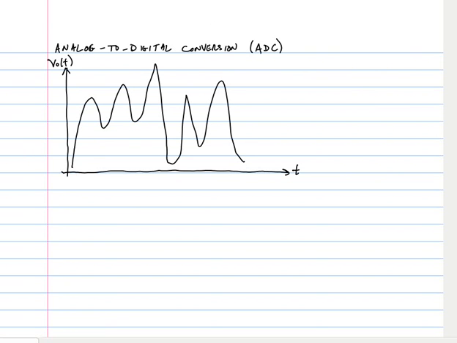Now, for analog signals, we call these signals continuous time. In other words, we can continually hear changes in sound.